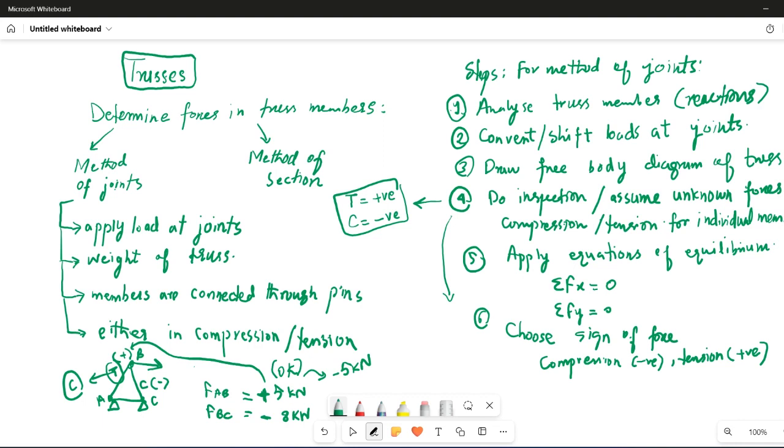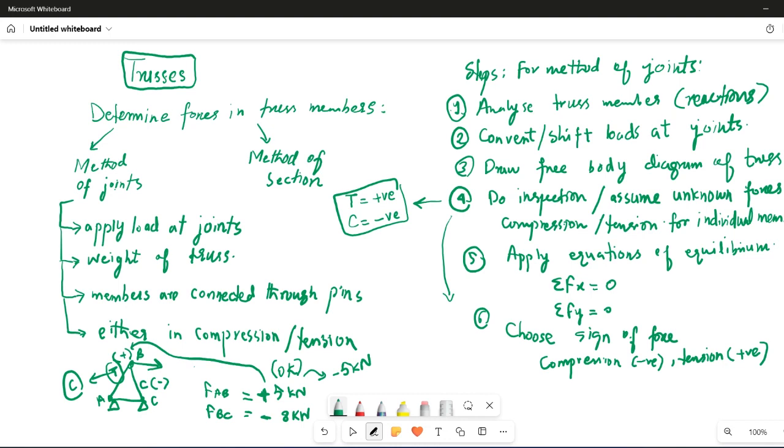Basically, initially you have to assume the forces because you don't know what type of force is acting. But I will give you a general method to analyze the truss and see what types of forces are there, whether in compression or in tension. But in some cases, some forces are complex, like they are acting at certain angles or at different positions or different joints.